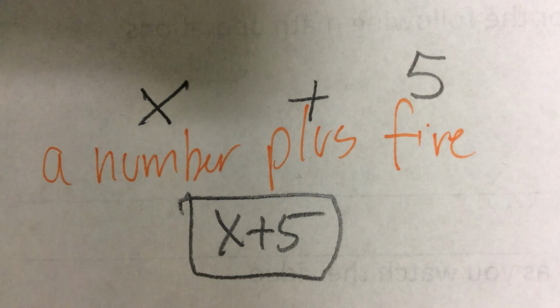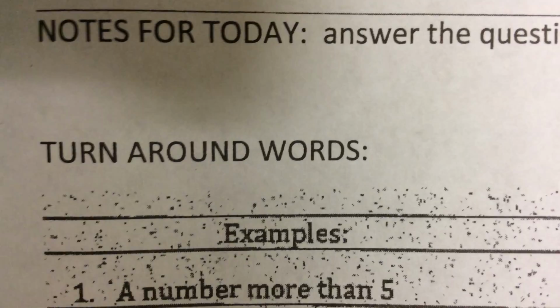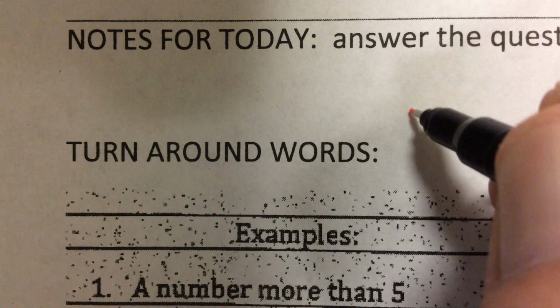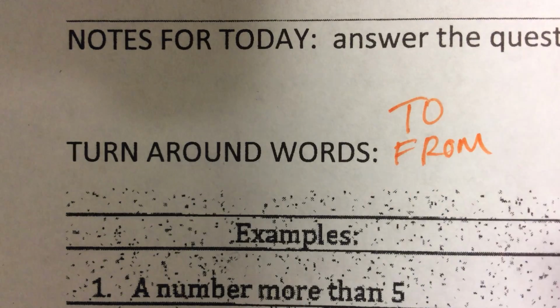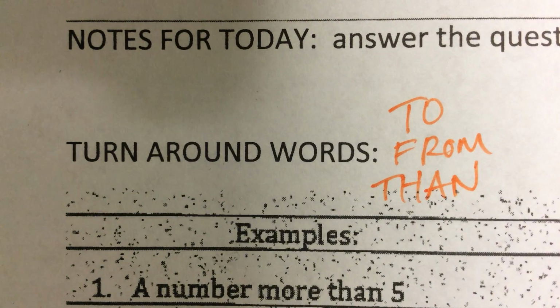Okay. So today we're going to continue doing that, but we're going to talk about turnaround words. All right. Turnaround words are words that switch the order of the variables and numbers that you're writing. Okay. There's 3 turnaround words that you will deal with in algebra class: to, from, than.